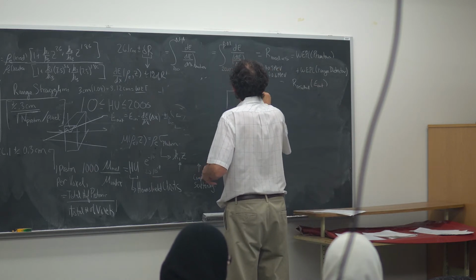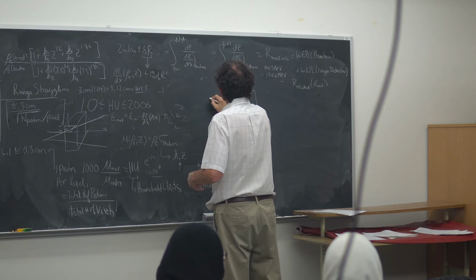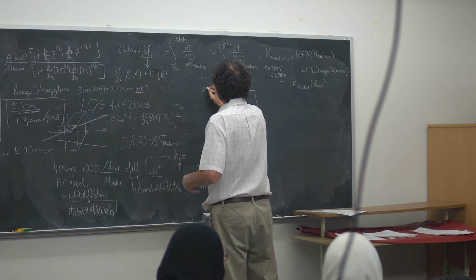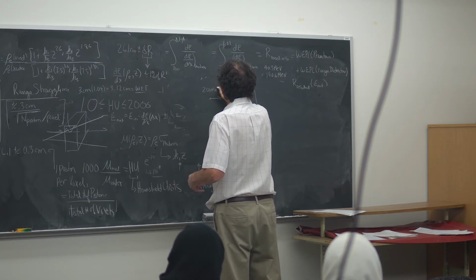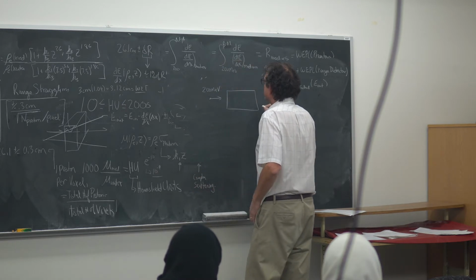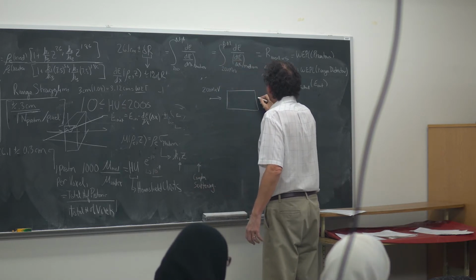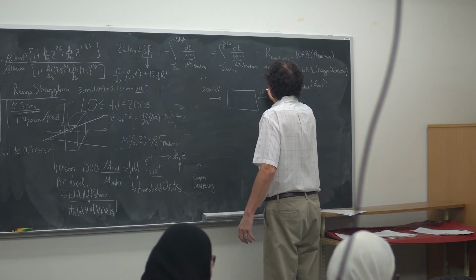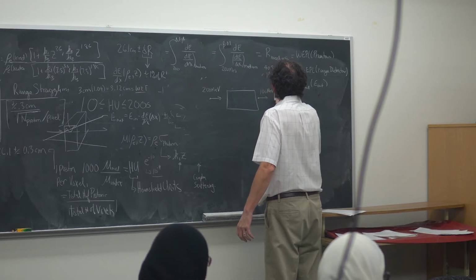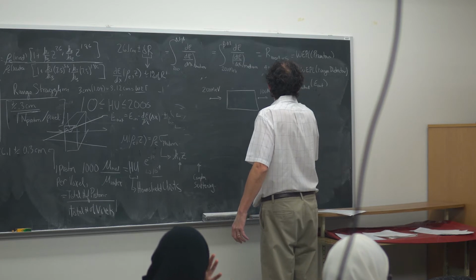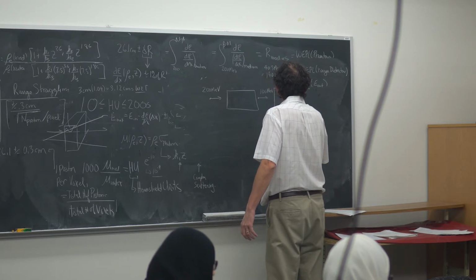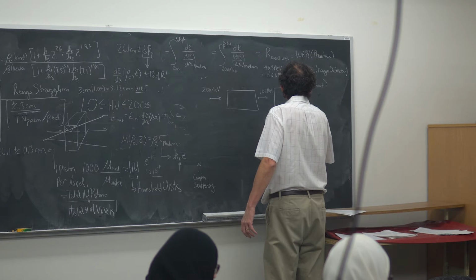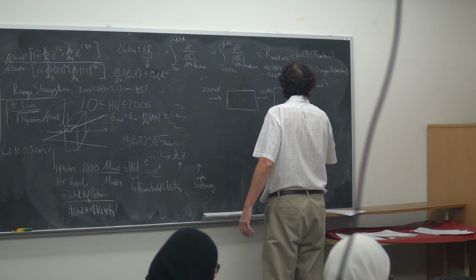So if I start with 200 MeV and we come out with, we'll say, 100 MeV, and it goes into the range detector, or the residual range. We'll call this either a range or an energy detector.